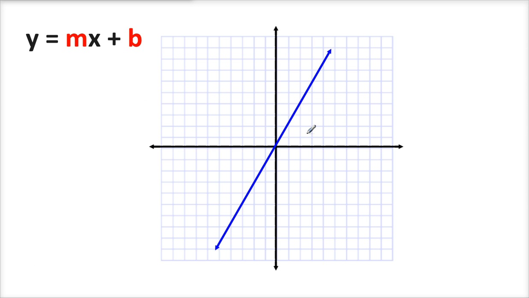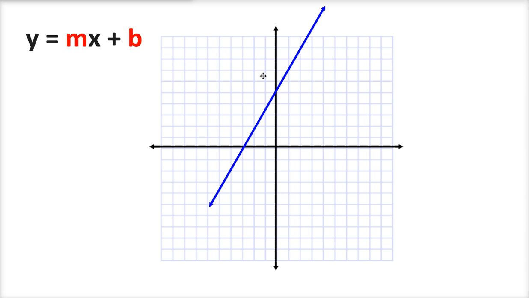So a lot of kids get confused when I say that any straight line can be written with this equation, and let me show you how it works. Let's say that I wanted to change how far up or down the y-axis my line was. So in other words, I want to change the y-intercept. So if I move my line up like this, that means b would be changing.